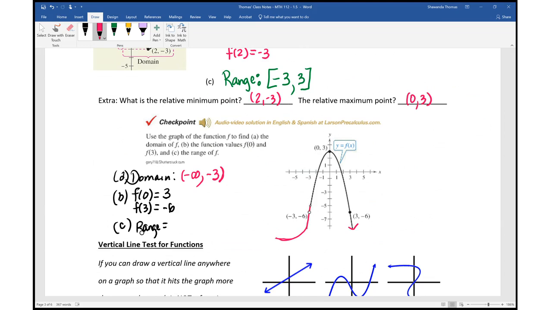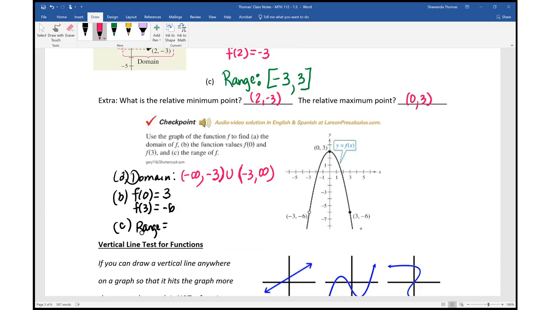But then we start back up. We put union. Union, that's the symbol for union. It looks like a U. And we keep going and we don't have any more issues after that. So from -3 to positive infinity. Again, notice we put parentheses because x equals -3 was the only number excluded from the domain.